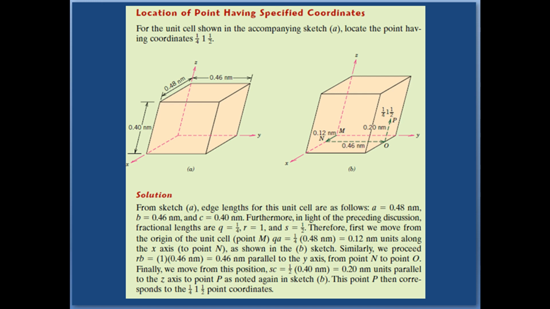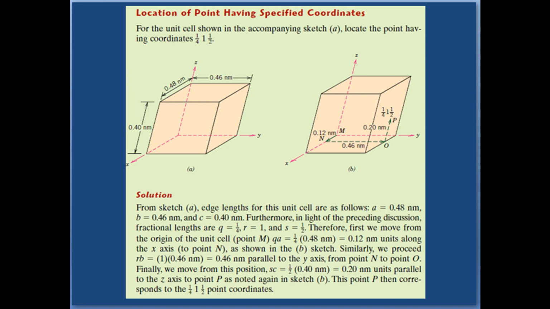You are also provided with the coordinates of point P, that are q, r and s. q represents the coordinate of point P in the x direction, r represents the coordinate of point P in the y direction, and s represents the coordinate of point P in the z direction.